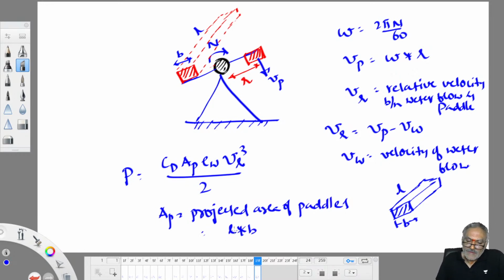How many paddles are there for each shaft? This is the shaft. For each shaft 2 paddles are there. So how many shafts are there? The number of shafts you have to count.